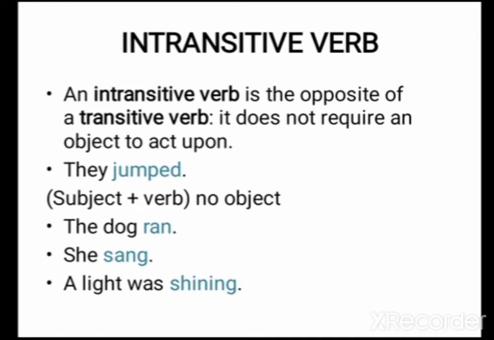The dog is the subject and the verb is ran. There is no object. She sang. Here, she is the subject and sang is the verb. A light was shining. A light is the subject and shining is the verb, but there is no object. These all verbs are called intransitive verbs because these verbs do not take an object.